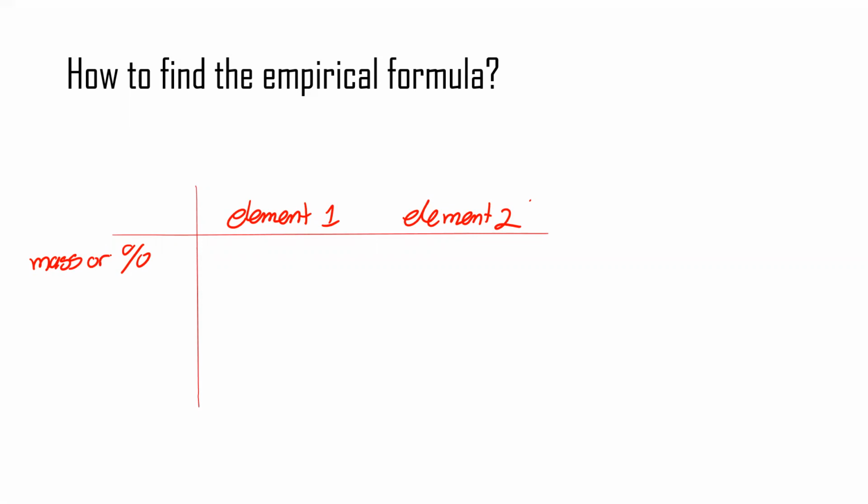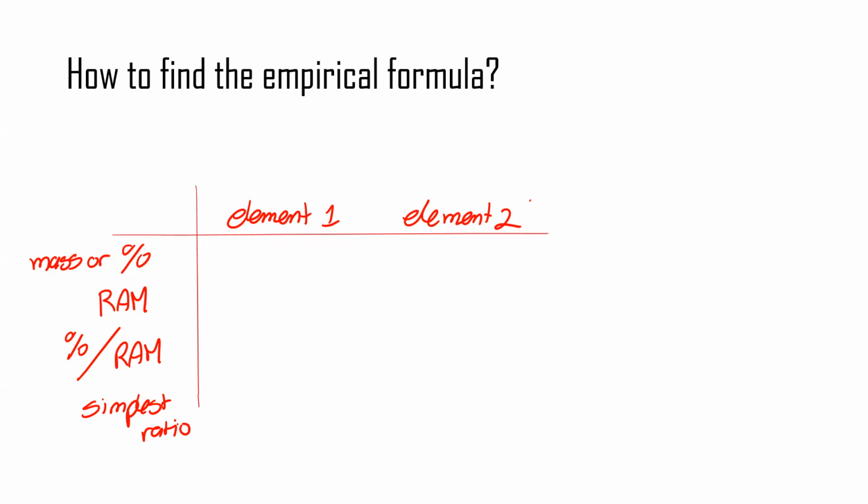Both are going to work because mass and percentage are related to each other, as we've seen in other chapters. Then you write the RAM. Then you do a ratio of percentage divided by RAM, and then you find the simplest ratio. We'll be using this in some examples later on.